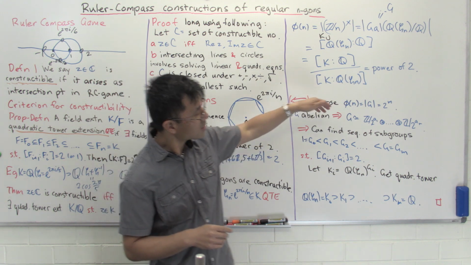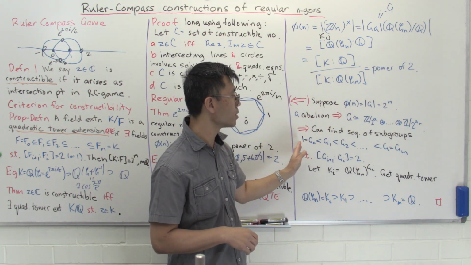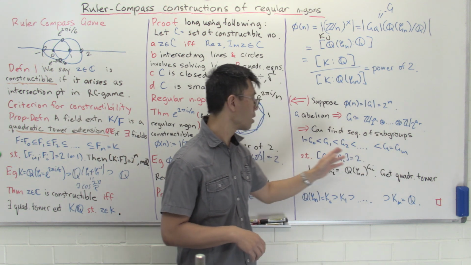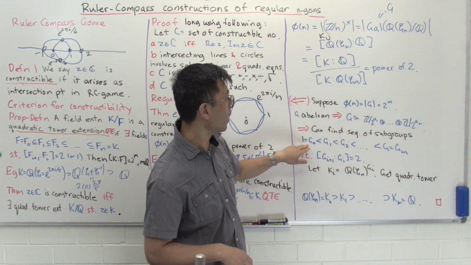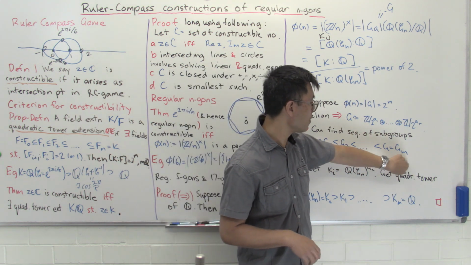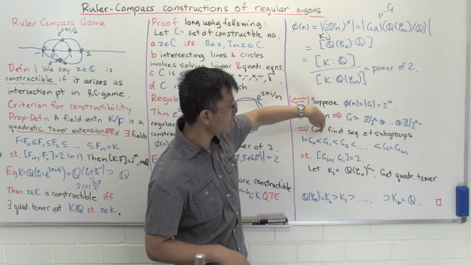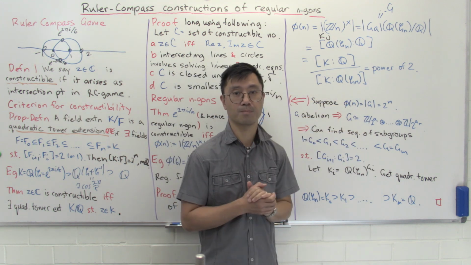From this it's quite an easy exercise to show that you can construct a sequence of subgroups starting from 1, the trivial subgroup, all the way up to G. It's a sequence of subgroups such that the index of each in the next one is always 2.